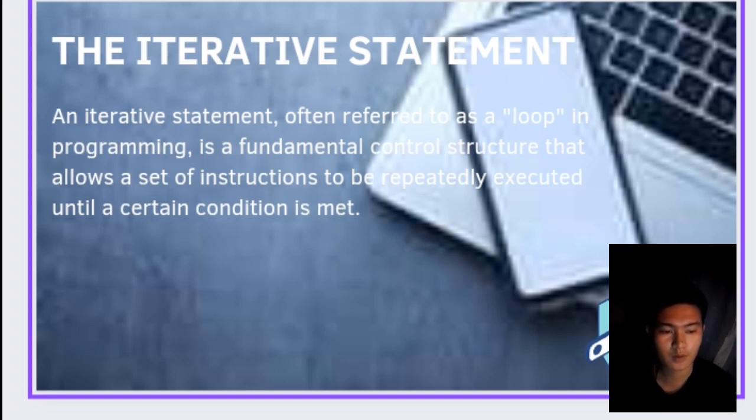They are essential for tasks like iterating over data in arrays, performing calculations, and implementing various algorithms. They are also a fundamental building block of programming, used extensively to control the flow of your code.